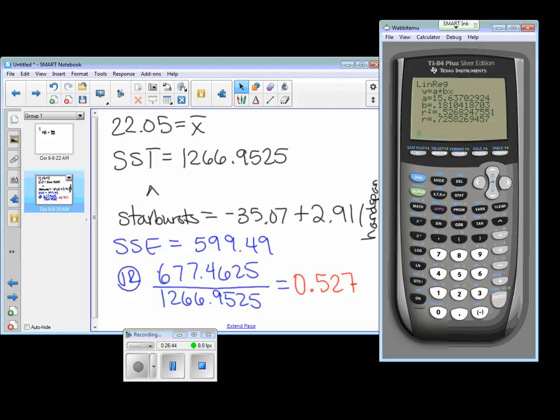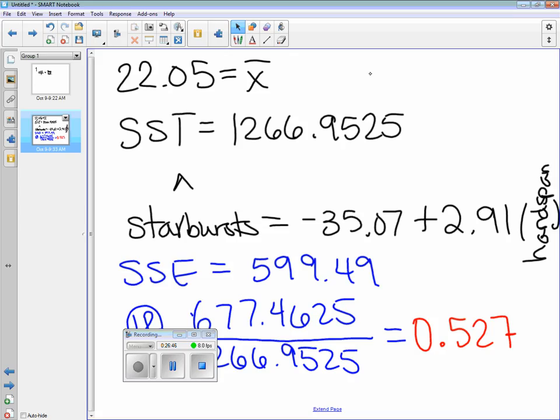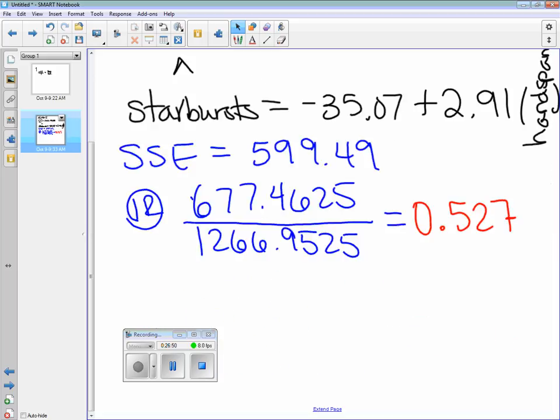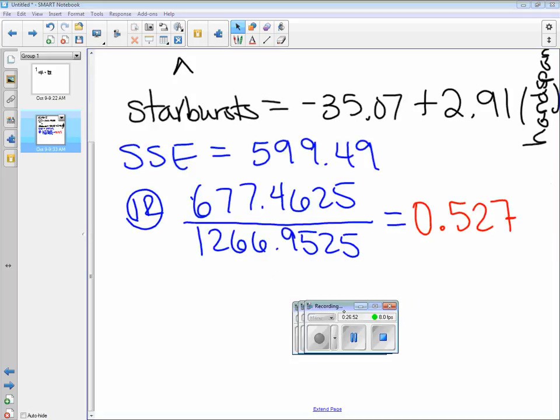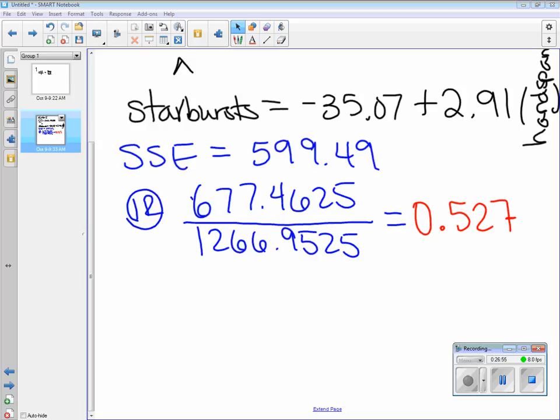Okay? So let's write a sentence that you should have done anyway on your scatter plot investigative tasks, in context. So on number 14 on your sheet, I want us to write a sentence.